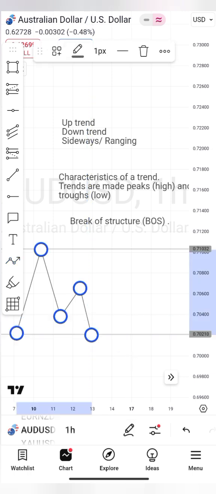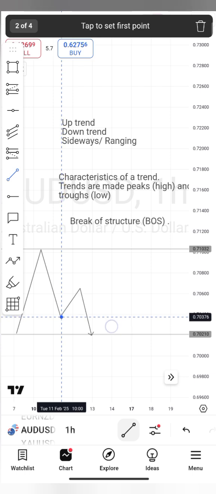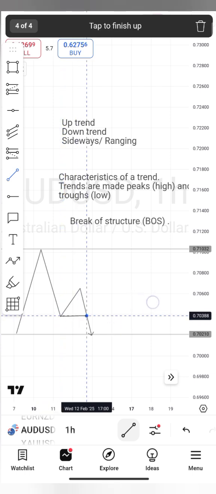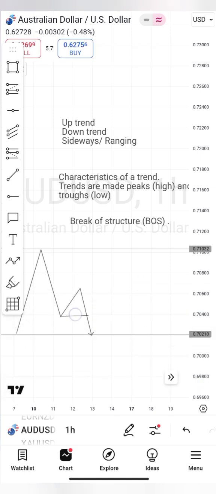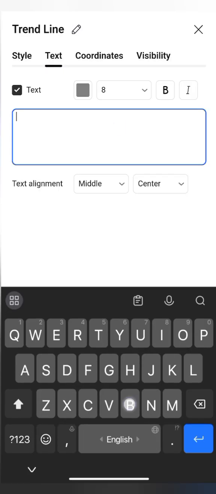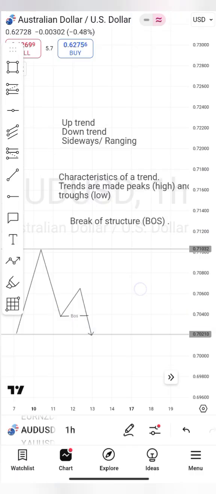Now, the mistake some people make is that at this point, they might come and mark it and say, we have a break of structure here. Okay, no problem. Let's say for the sake of it, you call this a break of structure. Now, for you to identify and say that there is a trend, you need the market to break structure at least twice for you to say, okay, there's a pattern that is forming.